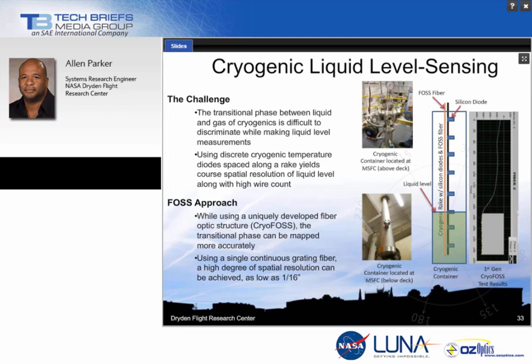As we went out and instrumented a test fixture with our fiber, we ascertained that using the FOSS temperature measurement capability alone was not sufficient to detect the actual transition region between the gas and the liquid, because the temperature gradients are so small.